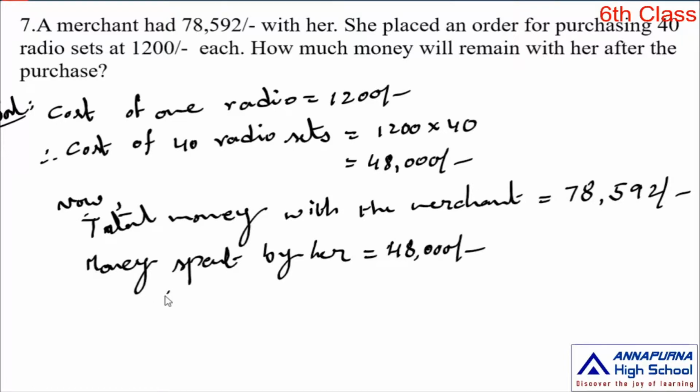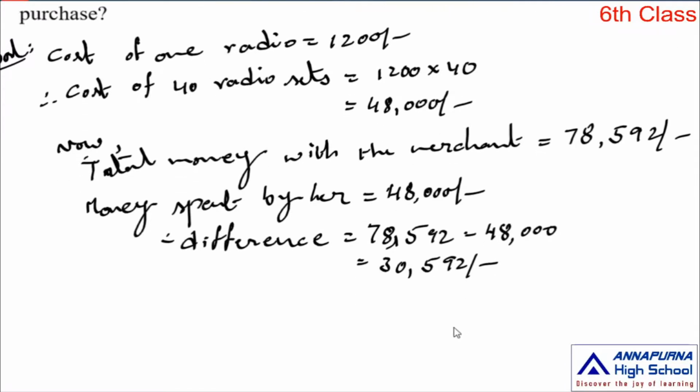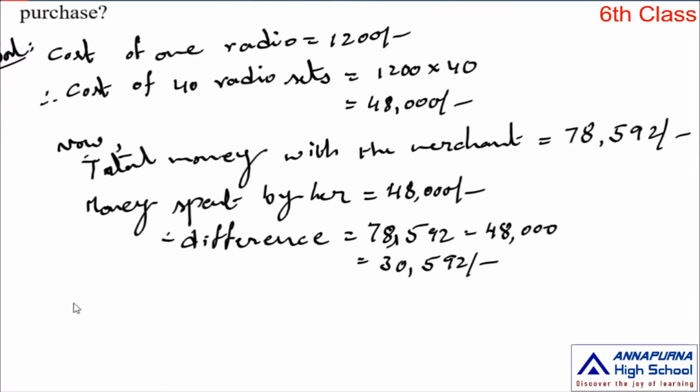Therefore, the difference is equal to 78,592 minus 48,000 rupees, which is 30,592. Here, 30,592 rupees will remain with her after the purchase.